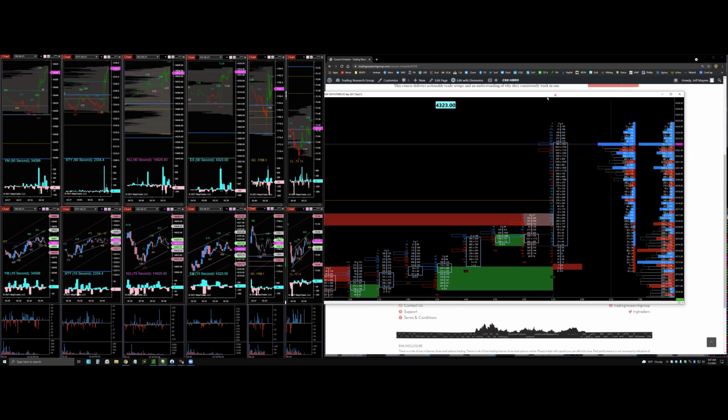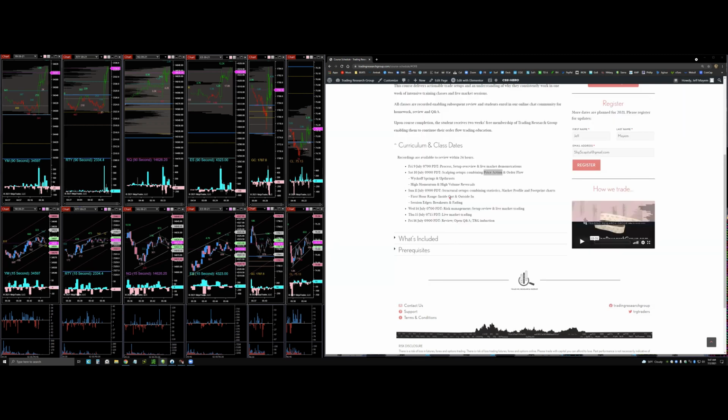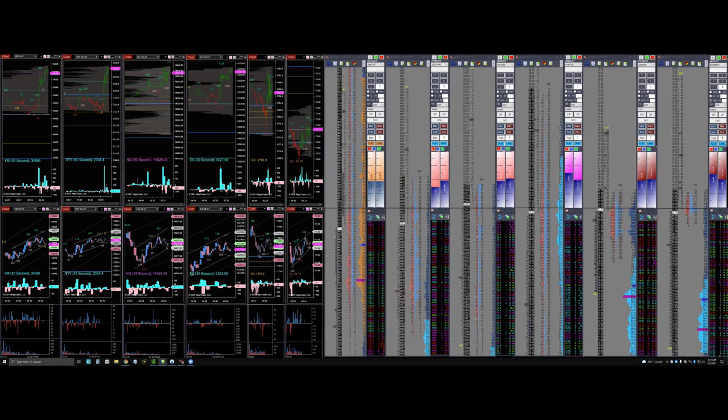That's a classic way to read footprints, but you have to hear it from someone that knows, and you have to see it taught properly, and then you have to practice it. And so that's the approach we take in TRG. So hopefully that answers everybody's questions about the approach and the recordings and all that. If not, please give us another shot in the text if we can clarify.